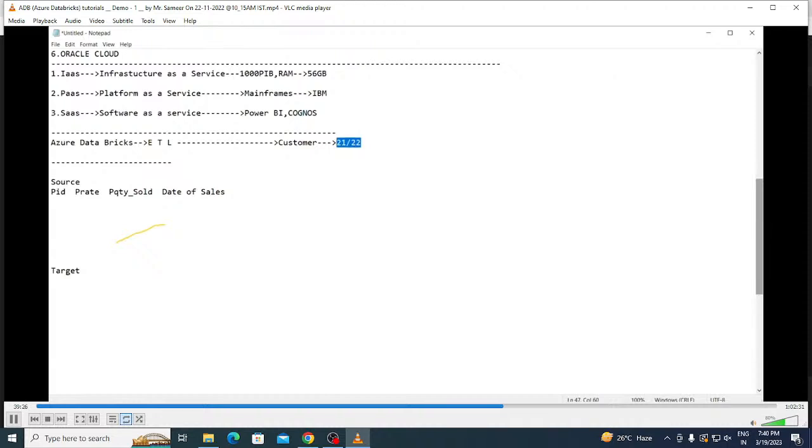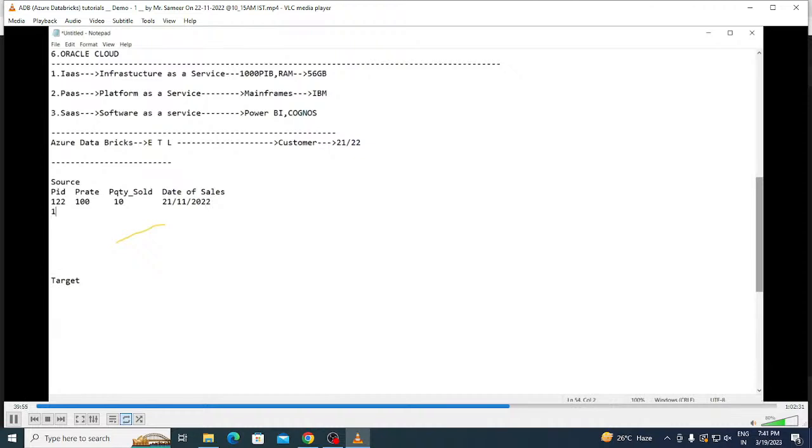So first of all, to report this to the customer, you require the source, consisting of the following information: product ID, product rate, product quantity sold, date of sales. Let us give the product rate as 100 rupees, quantity sold 10, and date of sales 21/11/2022. Then another product with rate 200, quantity sold 05, date 21/11/2022.